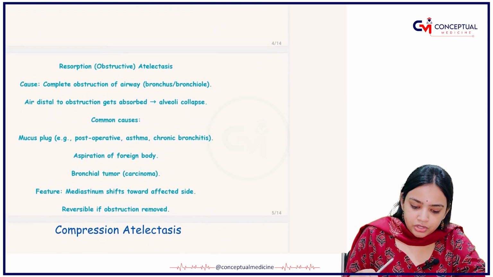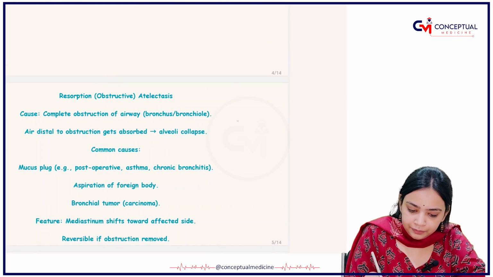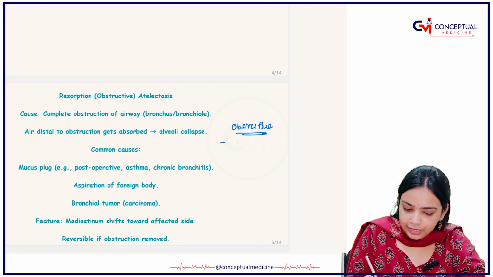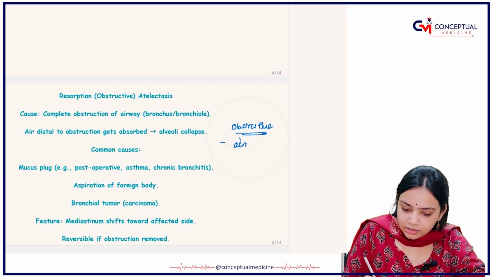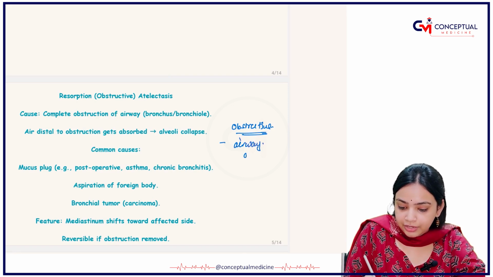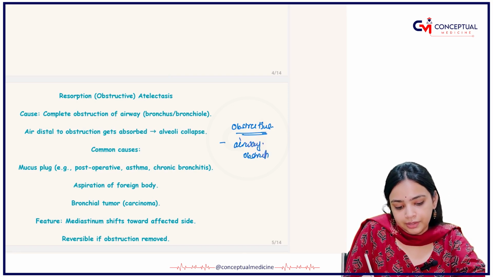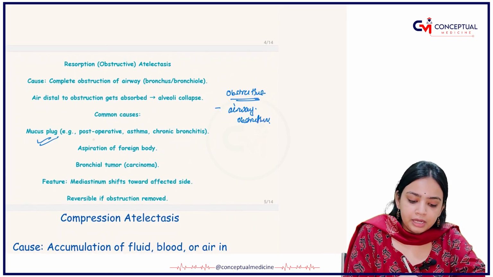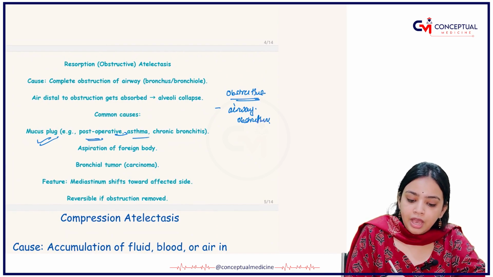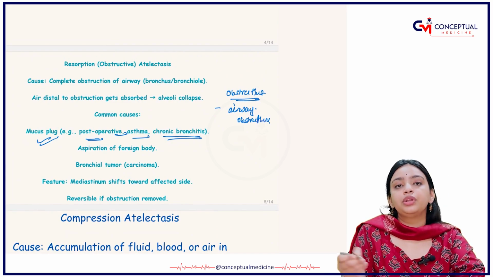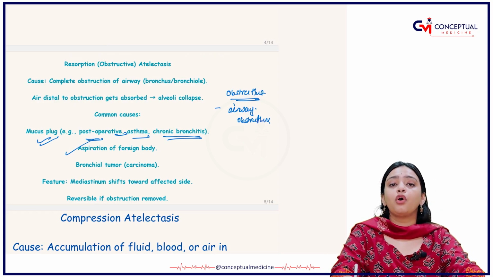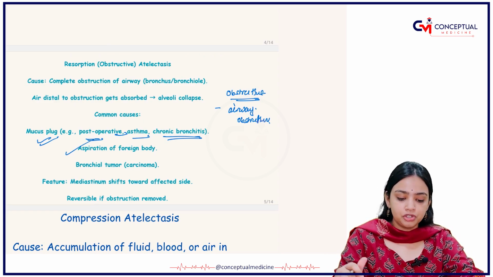What is the classification? The first one is obstructive. What happens in the obstructive one? The airways are getting obstructed. What are the common causes of obstruction? There can be a mucus plug, like in post-operative asthmatic patients and chronic bronchitis patients. There can be aspiration of a foreign body.